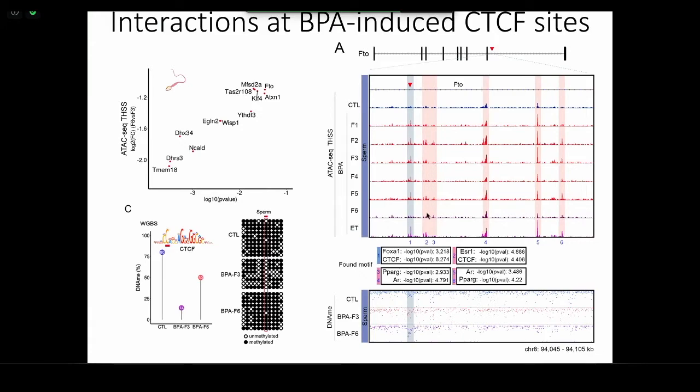So we originally found, control disappears. And there are other sites here that correspond to FOXA1, estrogen receptor, androgen receptor, PPAR gamma.